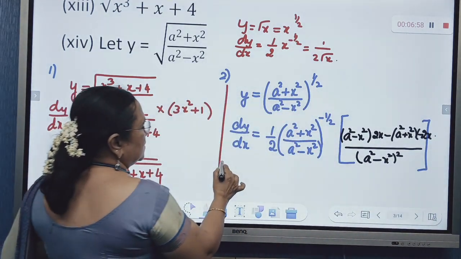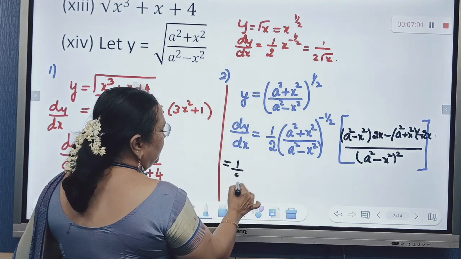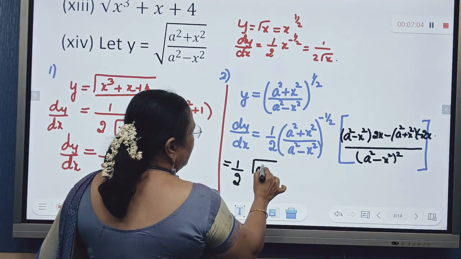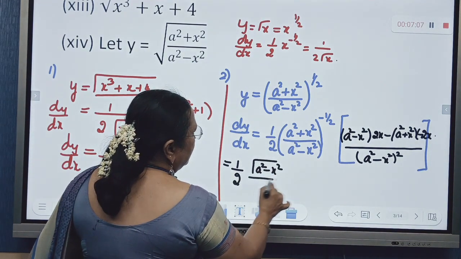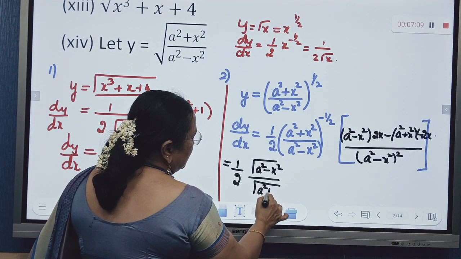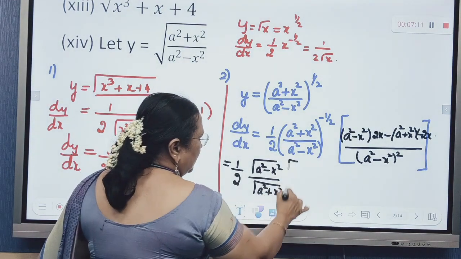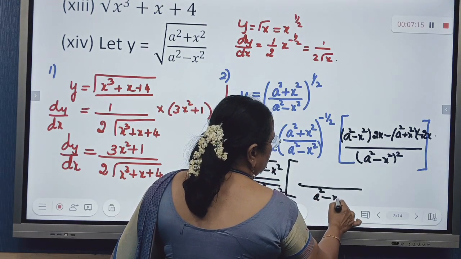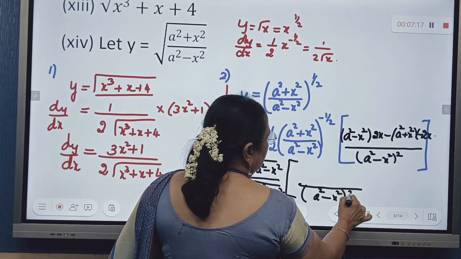So this is half. Since it is minus half, I can write it as root of a square minus x square by root of a square plus x square into denominator a square minus x square the whole square.